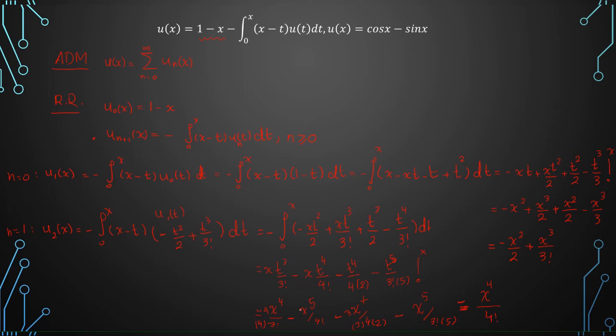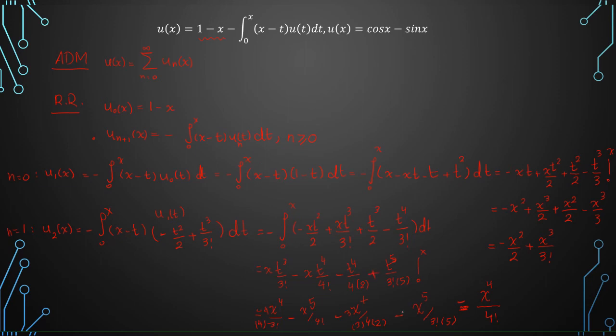and for x raised to 5 we will multiply here up and down by 5 and here up and down by 4, and this will give us, I forgot this one, this should be plus, not minus.